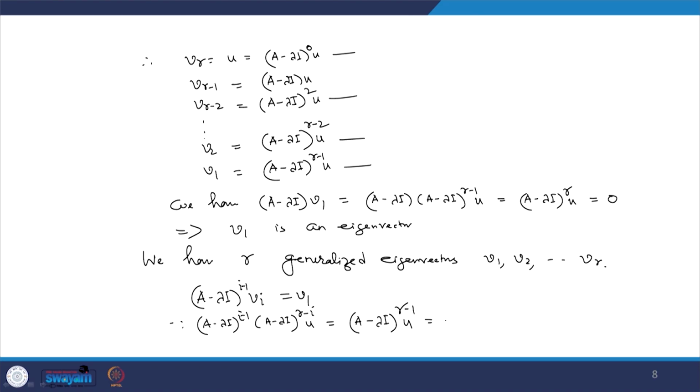So, this is equal to V1. So, (A − λI)^(i−1) when operating on Vi is equal to V1. Anyhow, this is some relation I am getting.